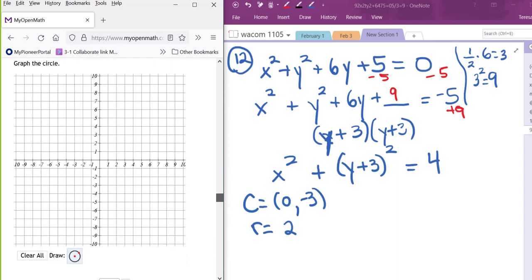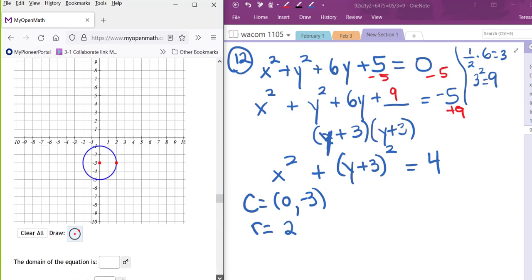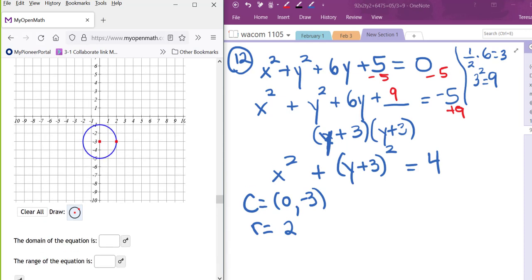They want us to graph it. So we'll use the circle tool. 0, negative 3. So don't go over, go down 3. And then count out 2 units in either direction. And click. There's your circle. And now they probably ask us domain and range, right? And so we have the picture, we might as well use the picture.